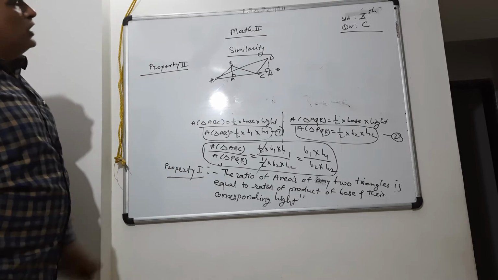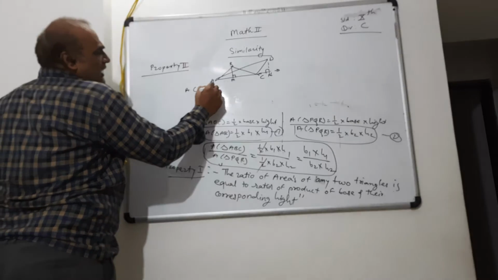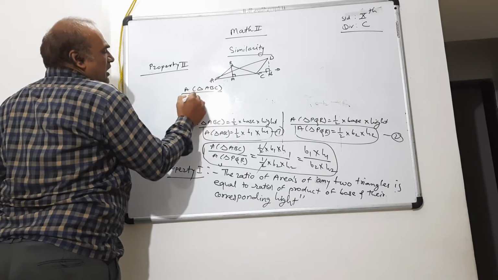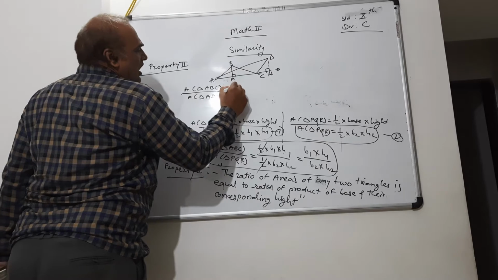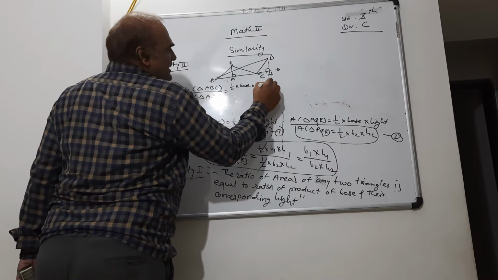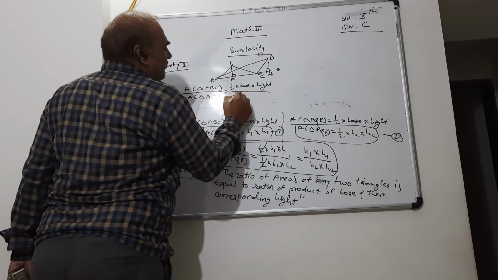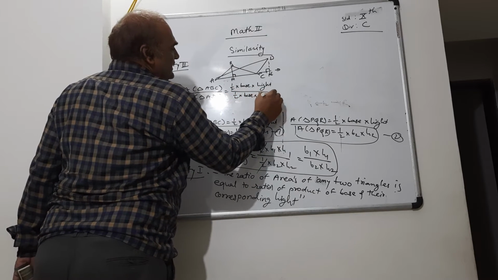What is the ratio of the areas of these two triangles? Area of triangle ABC upon area of triangle ADC is equal to half into base into height of triangle ABC upon half into base into height of triangle ADC.